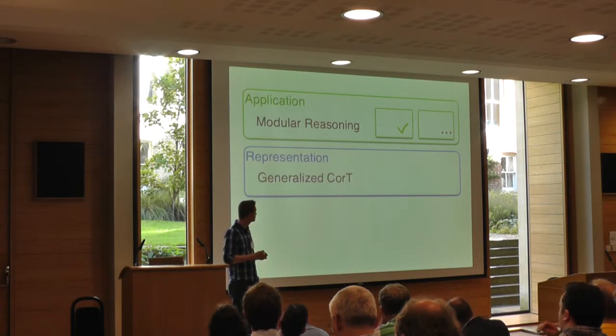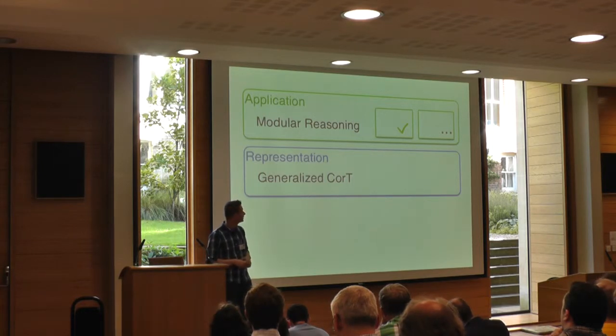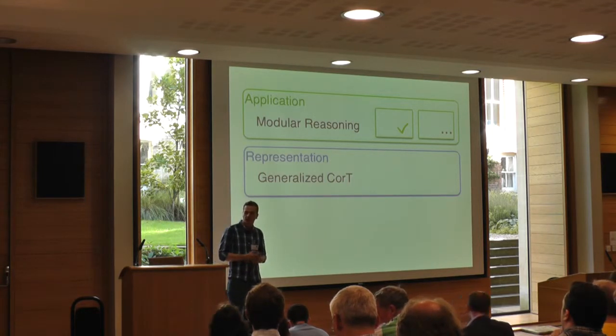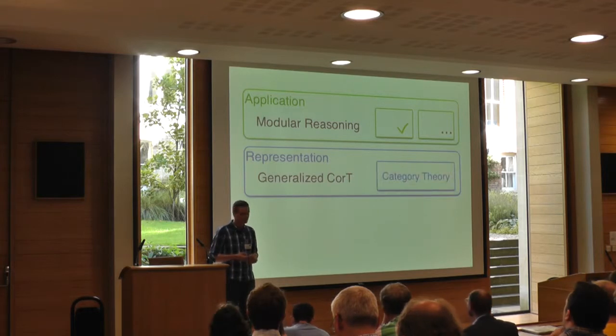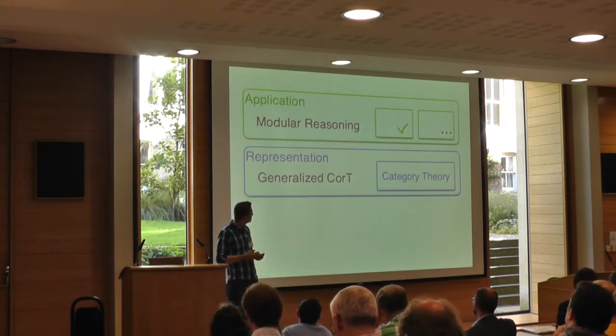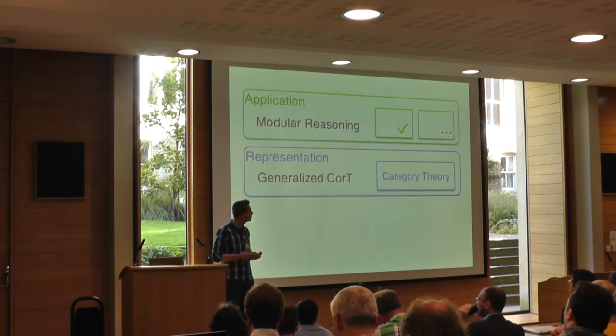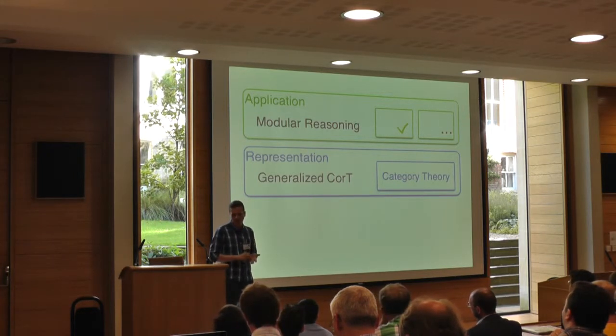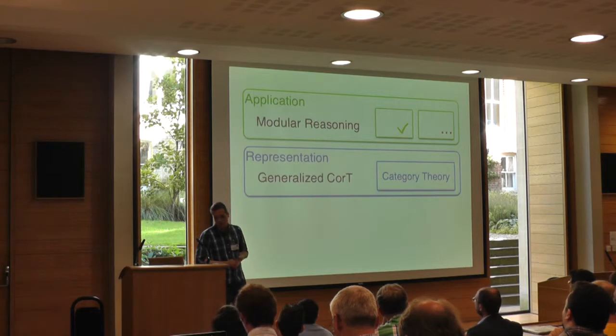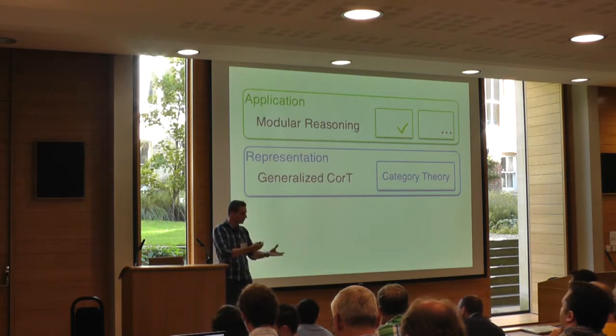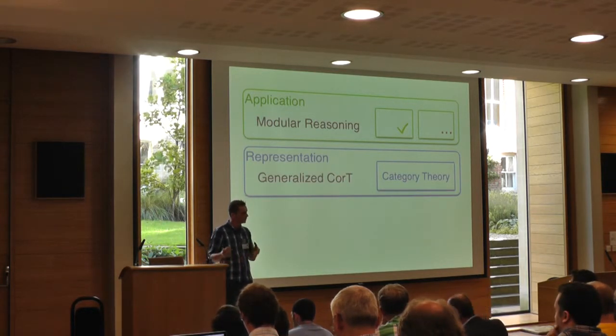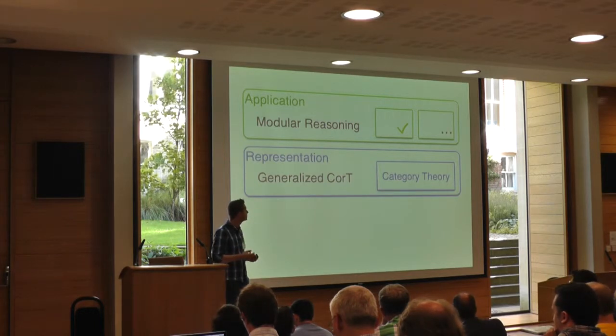The coroutine transformer as it is now doesn't cover all our effects, we would like to generalize it. In order to do that, we need to exploit some category theory in order to get there. We've got some ideas about using associated adjunctions of a monad in order to get the structure that we need.